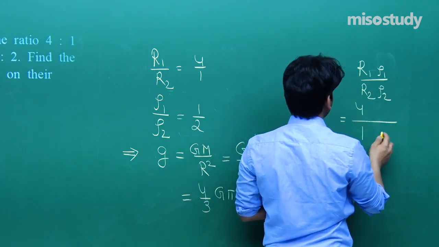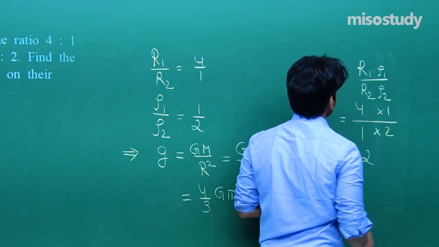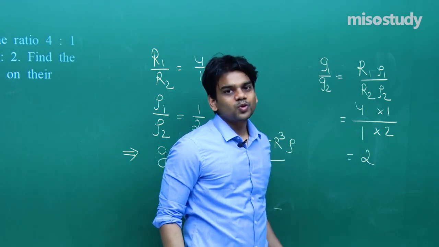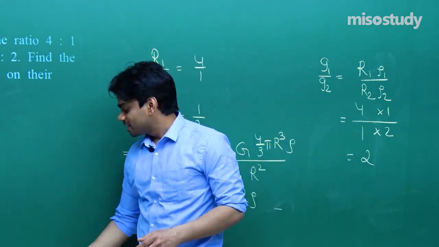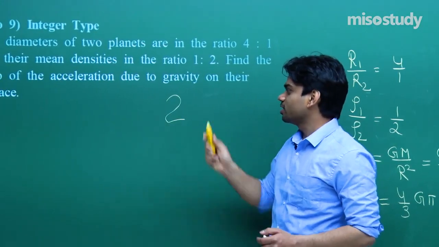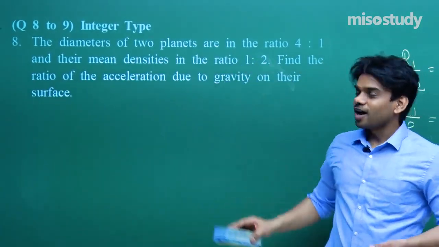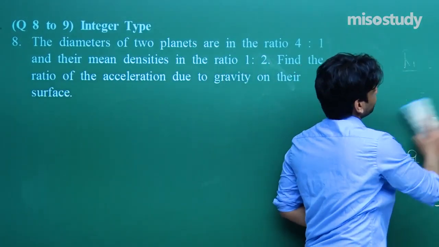So I'll be writing this as 1/2. The answer comes out to be 2. So g1 by g2 is 2. So you have to mark the circle that is containing 2. So the correct answer for this one will be integer 2. So this is how you have to do such questions, and this is how you have to mark the answers.